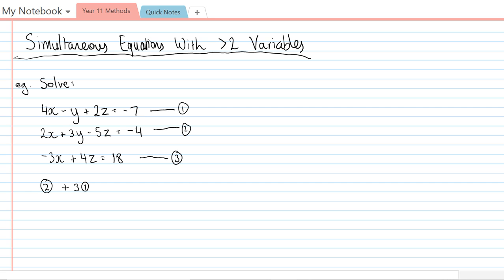If I do equation 1 multiplied by 3, I'll do that off on the side here, that gives 12x minus 3y plus 6z equals negative 21. We should technically call it equation 4. So that's equation 2 plus equation 4.